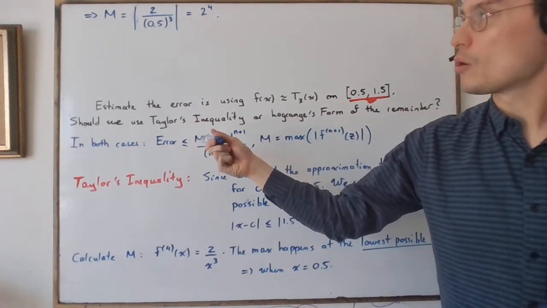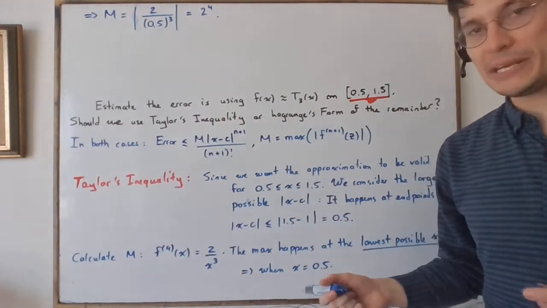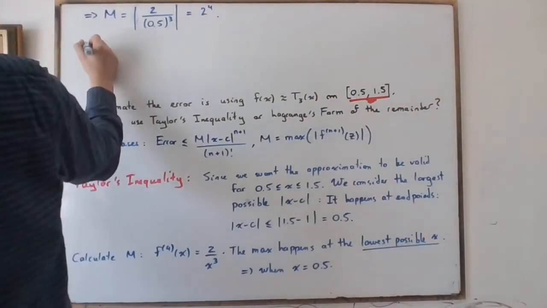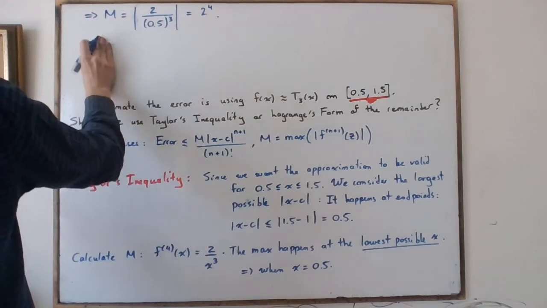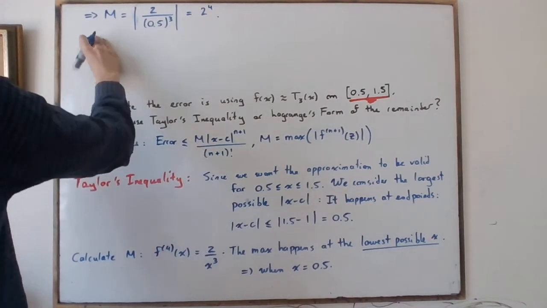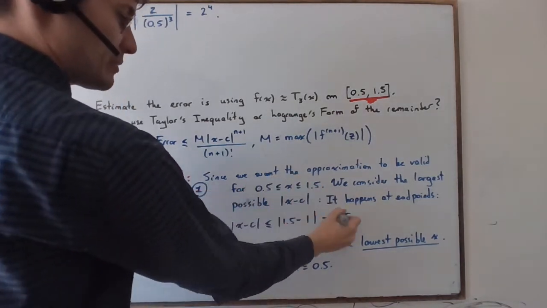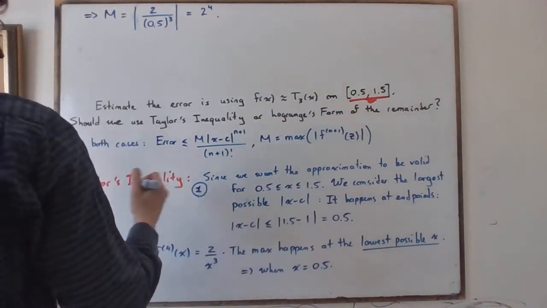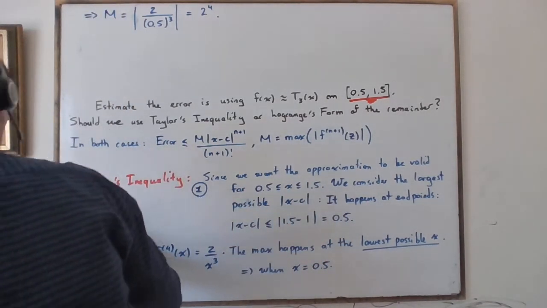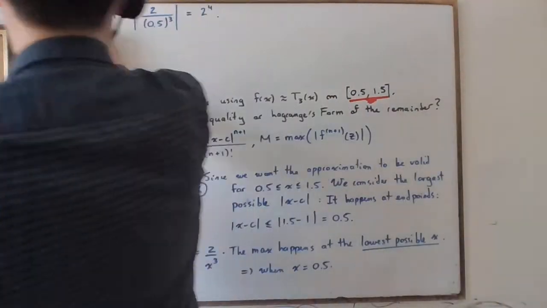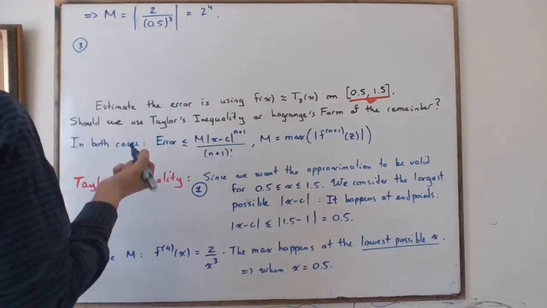Now we can use Taylor's inequality, which bounds the error by this thing. Step number 1 is to determine which value of x you consider. Step number 2 is to calculate M. And step number 3 is to plug everything in.